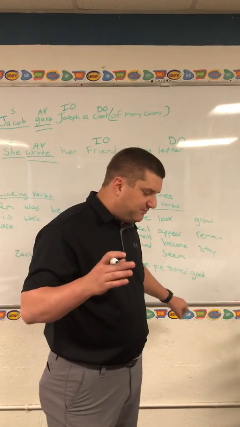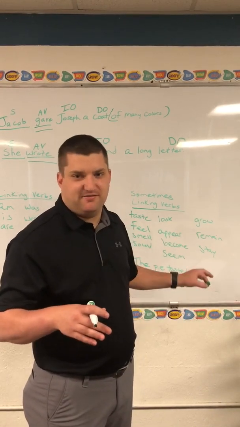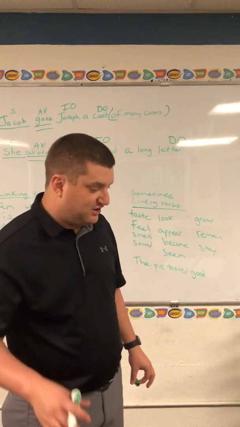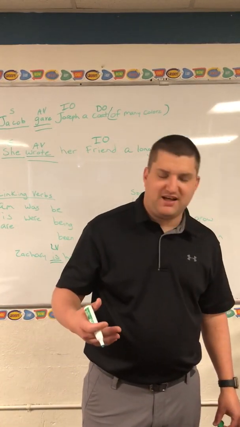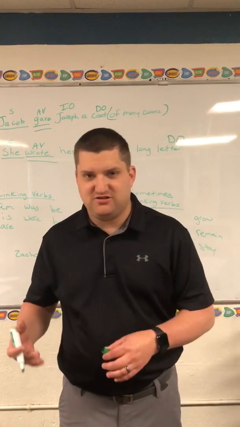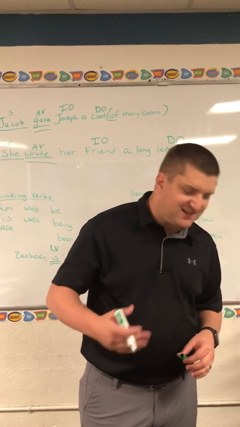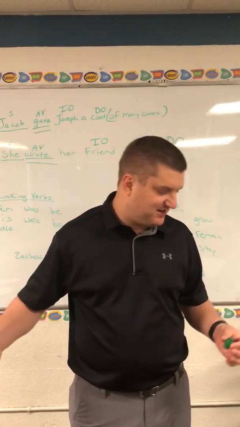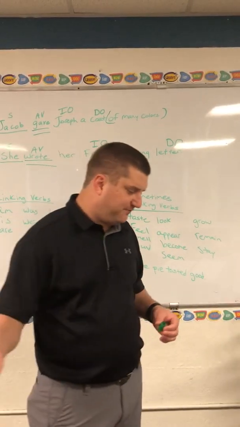So in number 2, the word tasted is a linking verb because it cannot do the action. In number 1, the hungry boy tasted the warm pie, you can do that action, so it's an action verb. But in number 2, the pie can't taste. It does not have the ability to taste anything. So that is a linking verb.